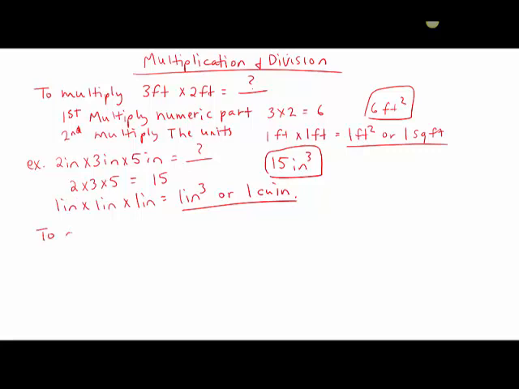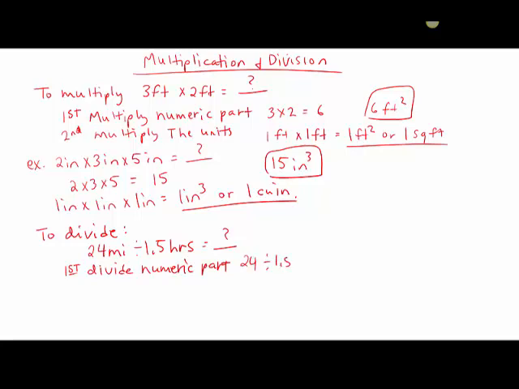So what about to divide? Let's look at this one, which is very common: 24 miles divided by 1.5 hours. How fast am I going? If I went 24 miles in 1.5 hours, how fast am I going? First, divide the numeric part: 24 divided by 1.5 is going to be 16.